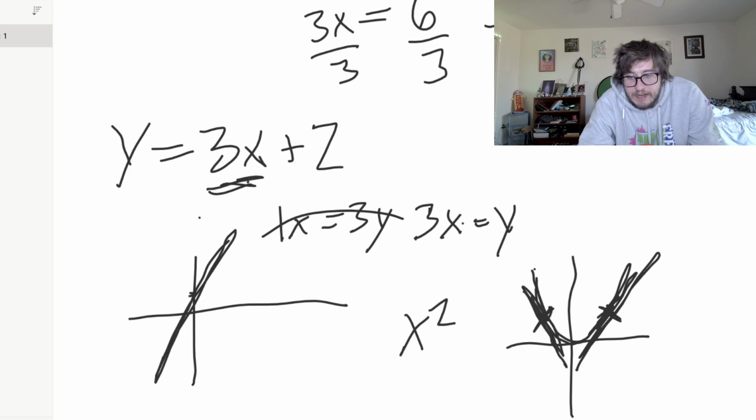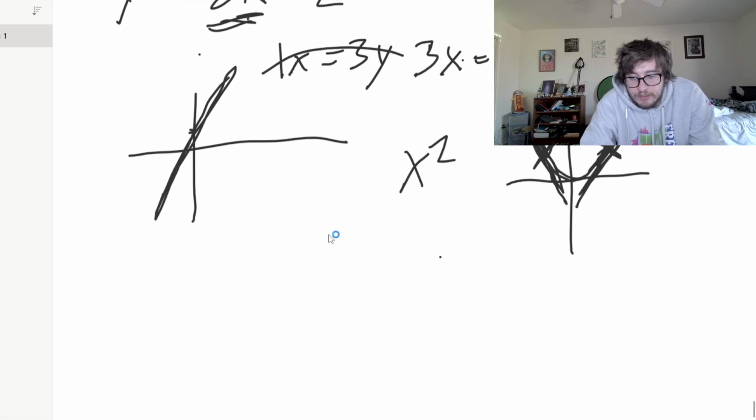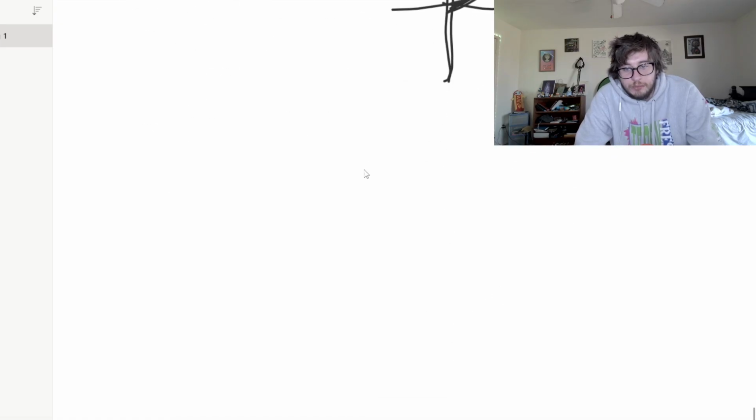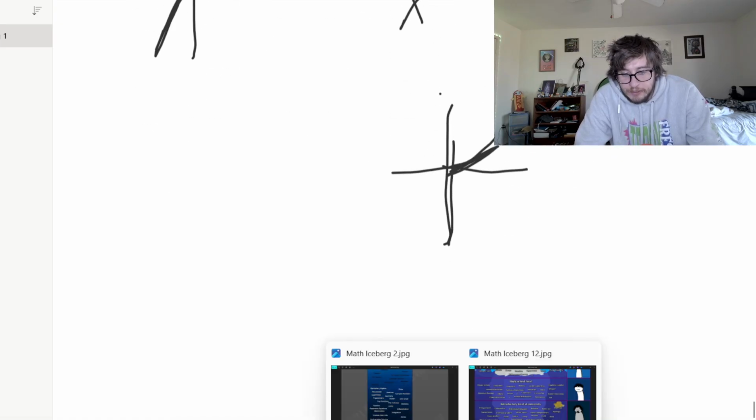This is a negative slope and this is a positive slope. And also along this curve, right here the slope is low, and up here the slope is higher, right? So that is the slope.